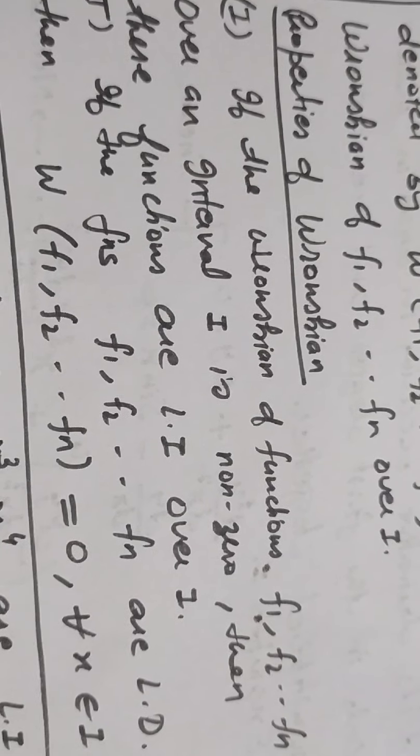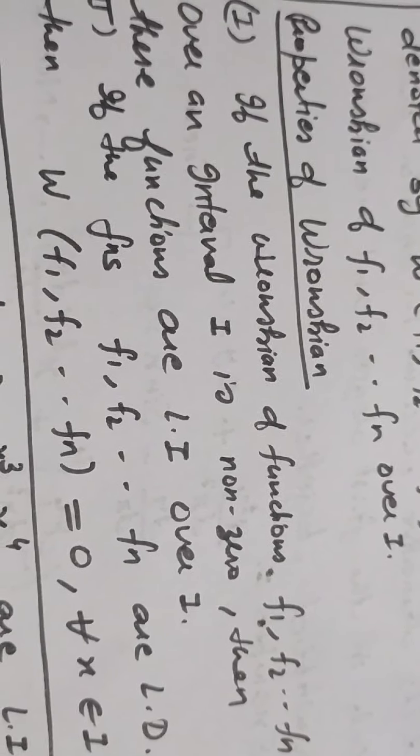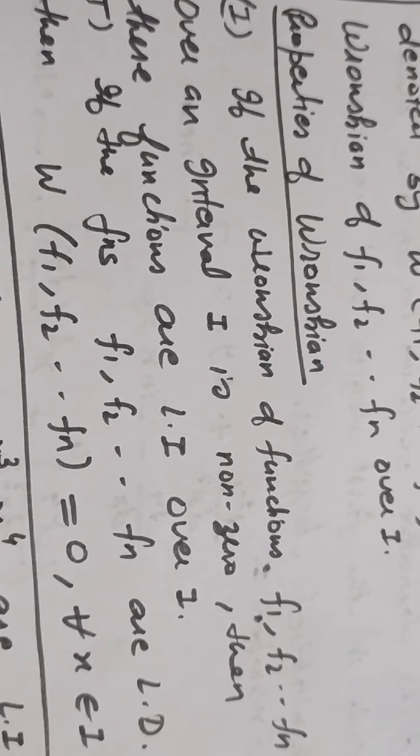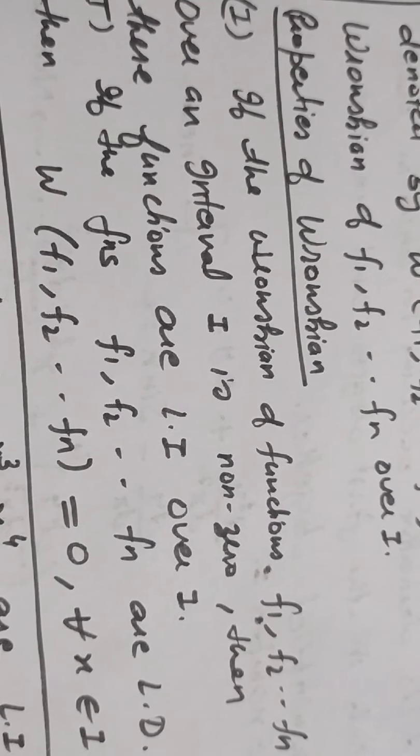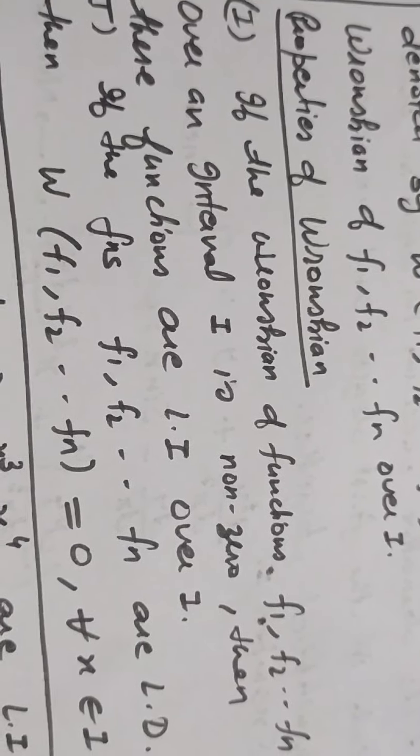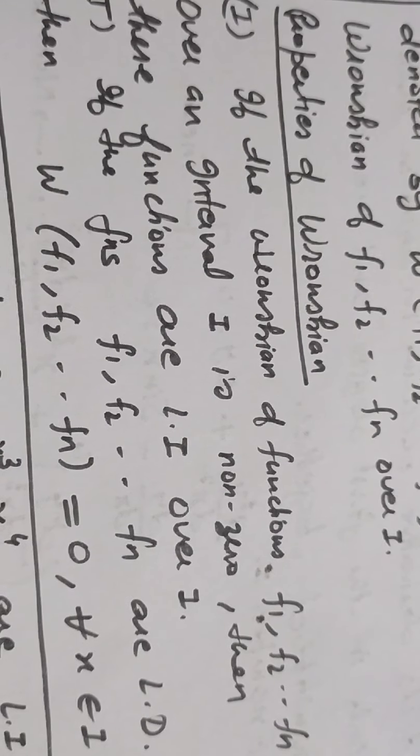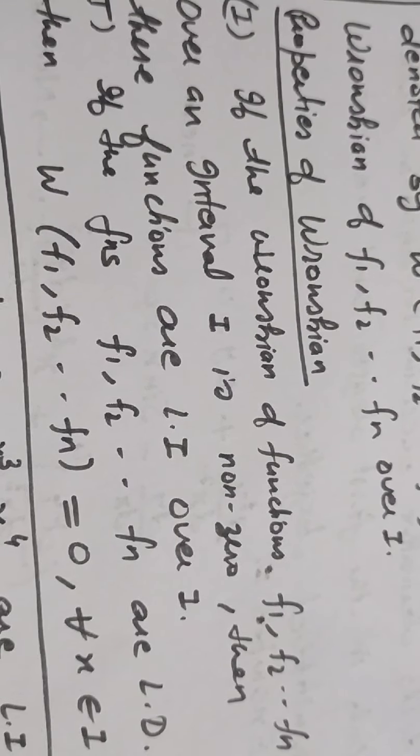So these were the main topics. First was linearly dependent, second was linearly independent, and third was the Wronskian. What we are doing here is checking the linear dependence and linear independence of the given functions over an interval.